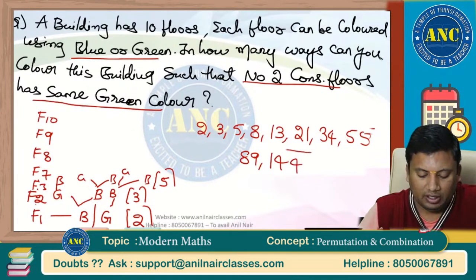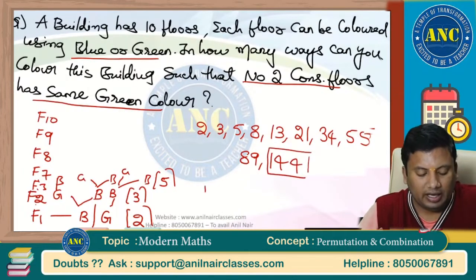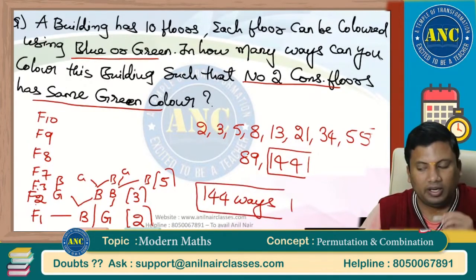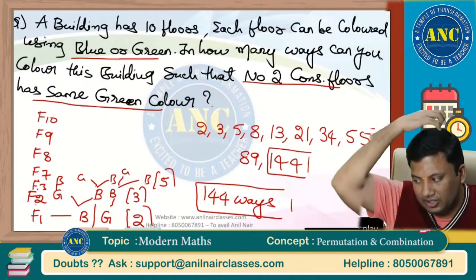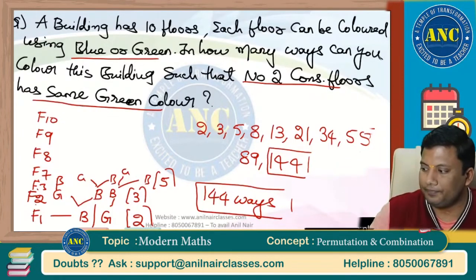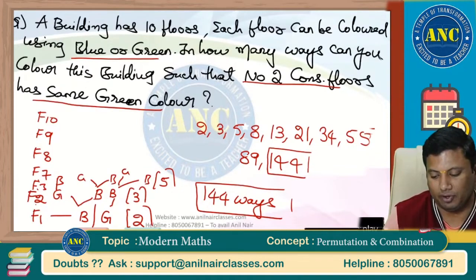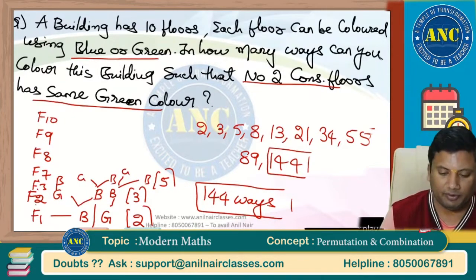So F10, totally 10 floors can be colored in how many ways? 144 ways. I hope this is clear. The idea is clear, right? 2, 3, 4, right? 21, 34, 55 and 89 and 144.